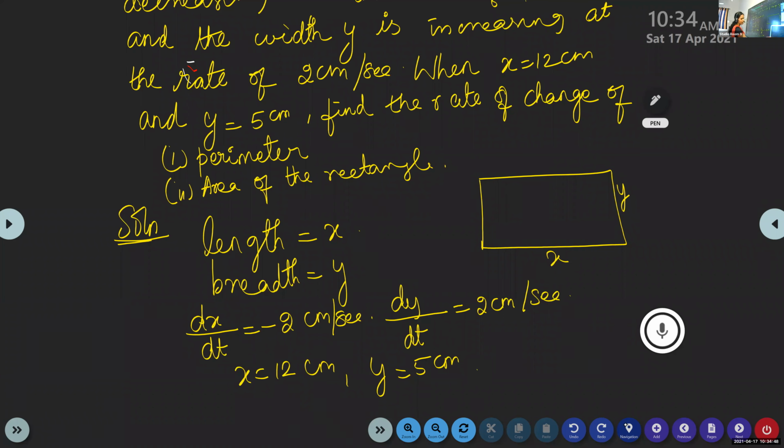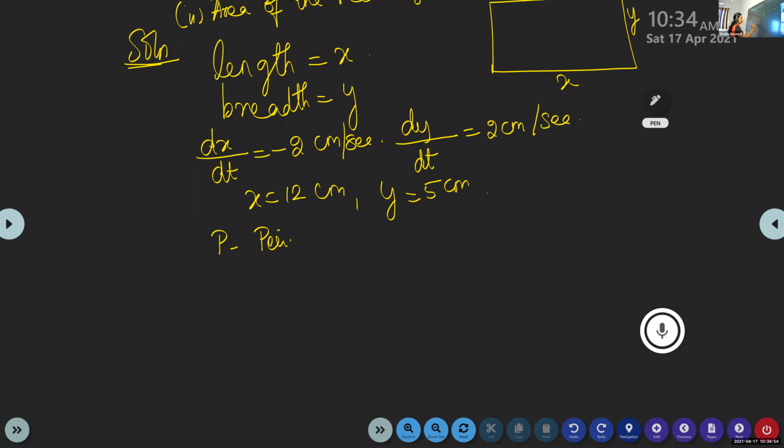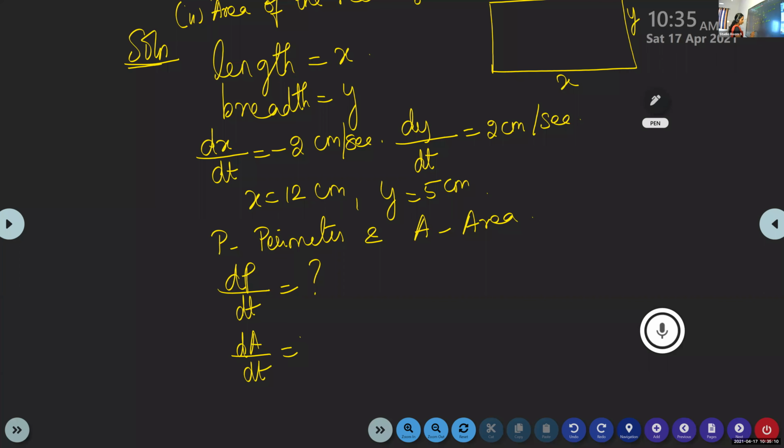Let P denote the perimeter and A denote area. We have to find the rate of change of perimeter, dP by dt is question mark, dA by dt is also question mark.